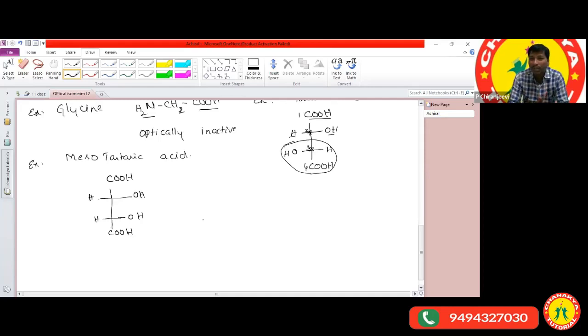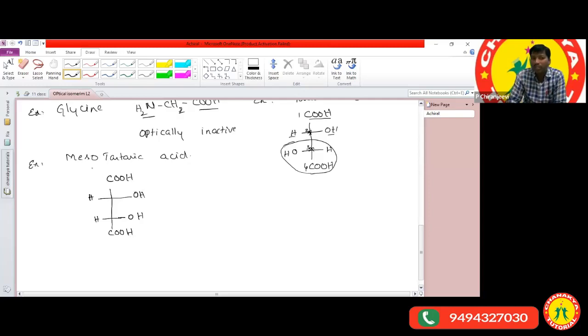Sir, last time I told that if the compound has any kind of symmetry, then it becomes optically inactive. Is that clear? Actually we have three types of symmetry: center of symmetry, axis of symmetry, plane of symmetry.